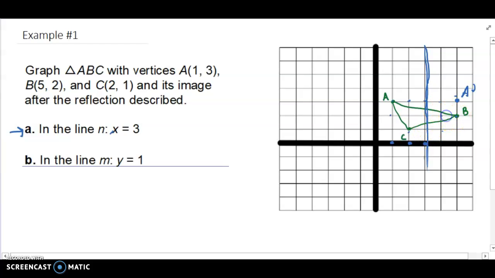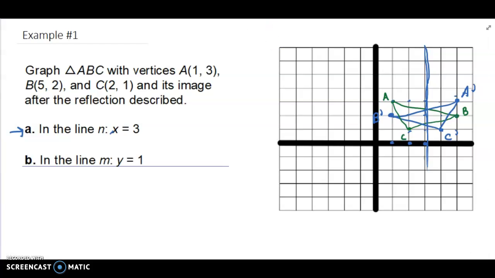Your B prime is 1, 2 units, so it's going to be 1, 2 units over here. And then your C prime is just 1, so we're going to be right here. And so if we connect the dots, that's what you will have.